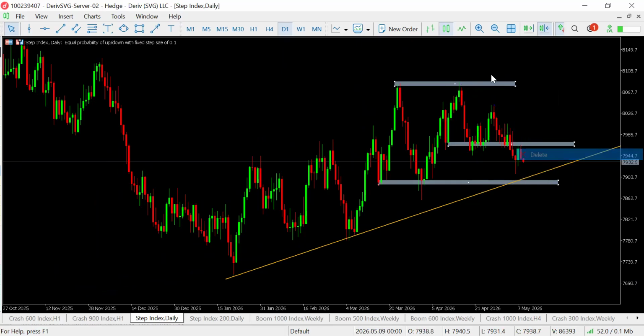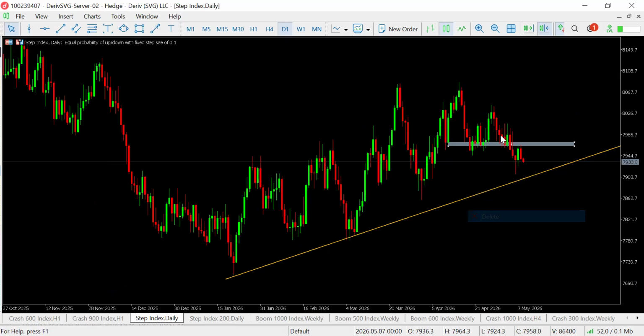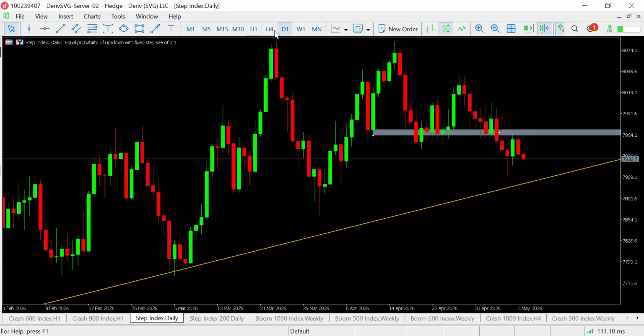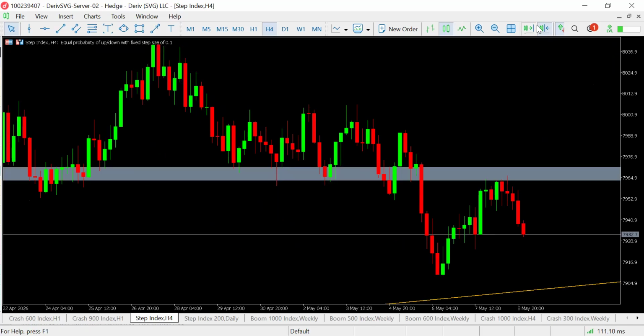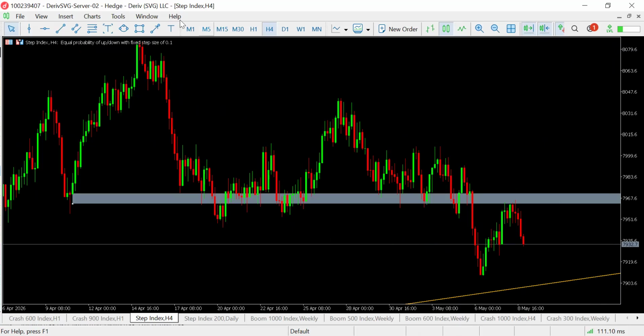So if I'm to take this out, I can take this out as well for us to focus on what price is doing currently. So if I'm to zoom in, then we can go to the H4 time frame. This is where it becomes really interesting, where we can get our opportunity. So I can place this here and say this is our trend.